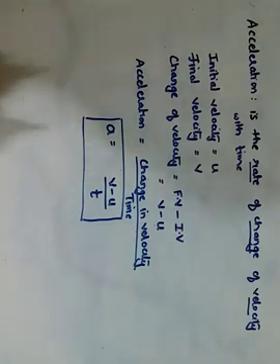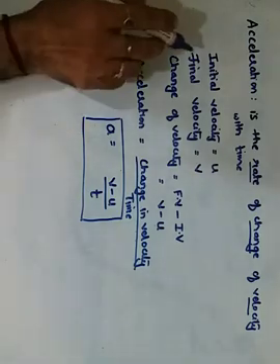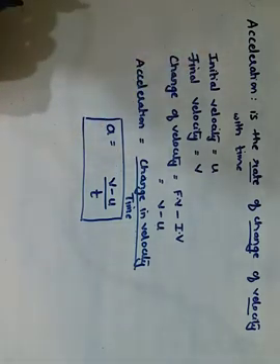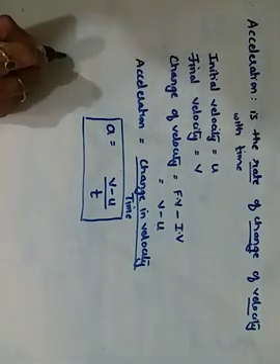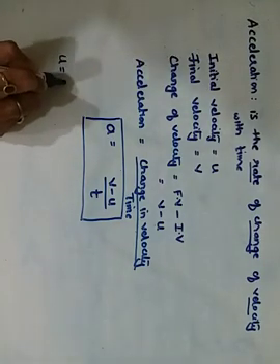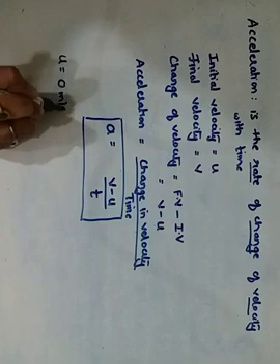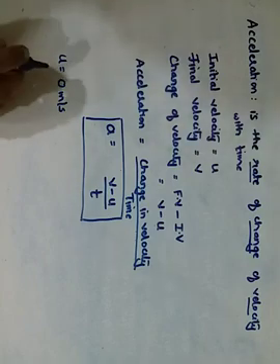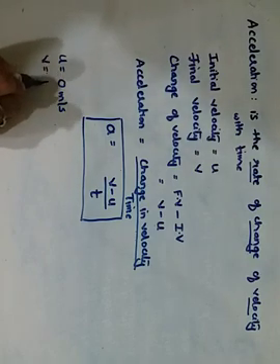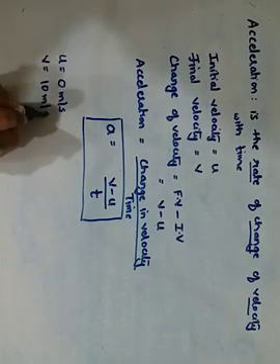Now there are two cases in this. For example, initially the car is at rest. I am just giving you an example. If the car is at rest, initially there was no velocity, no speed, that is 0 meters per second. But later on, after accelerating, the velocity has increased and become some 10 meters per second.